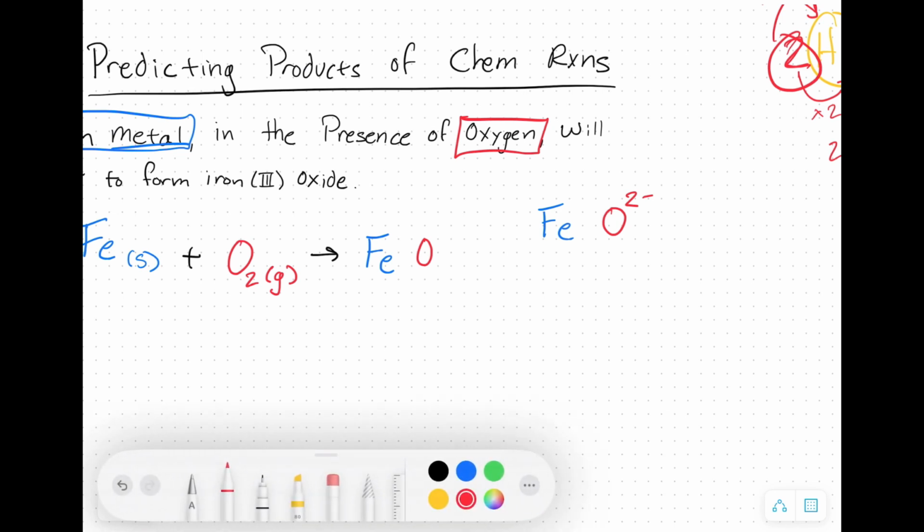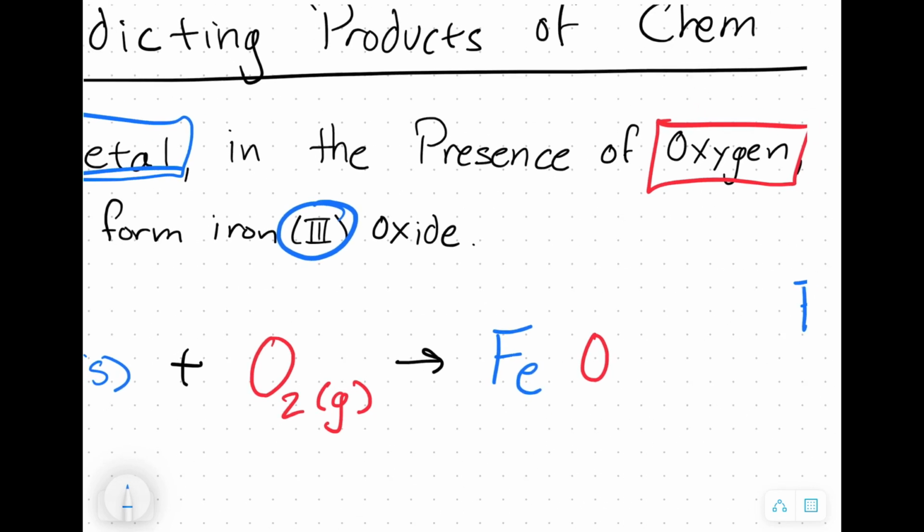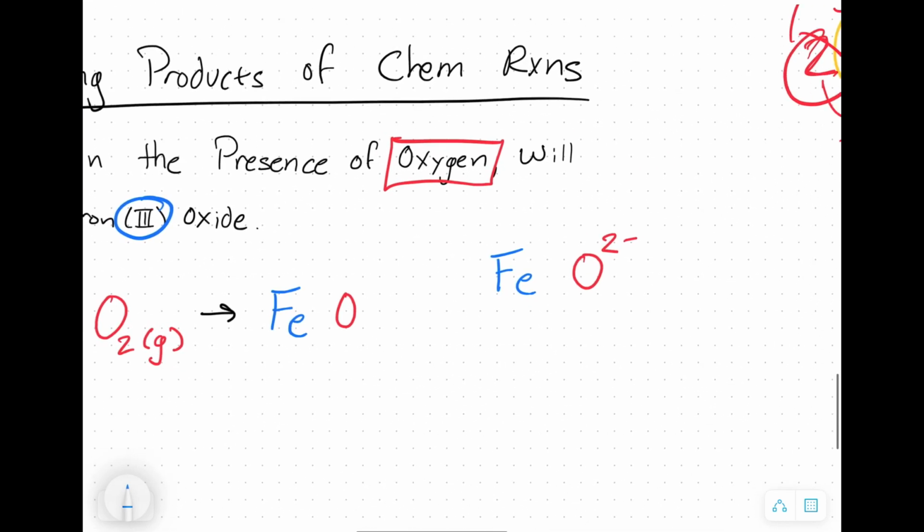And then I'm going to think about iron. If you look up iron on the periodic table, it's a transition metal, which means that it has multiple options when it comes to gaining or losing electrons. But in the question, it gives us a little bit of a hint. It says iron 3 oxide. For transition metals, those Roman numerals tell you the charge.